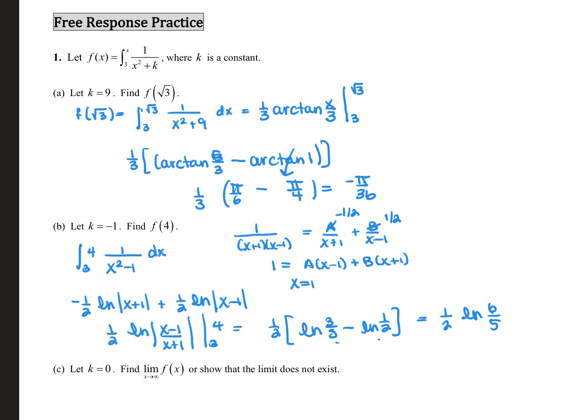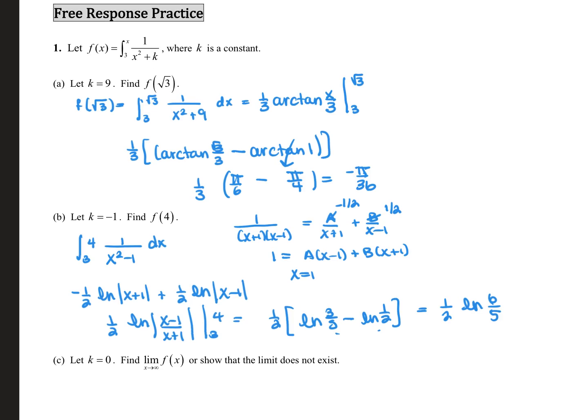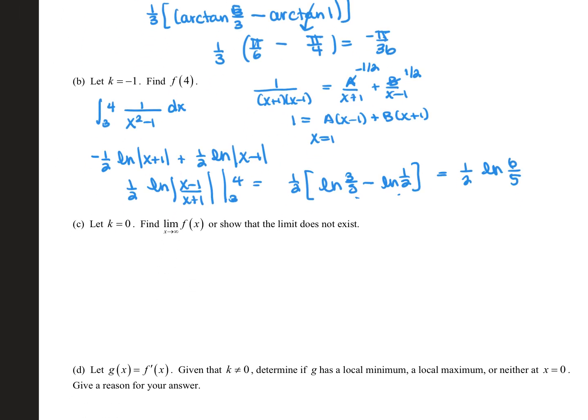And the last one, we have k equal to 0, and we want to find the limit as x goes to 0 of f of x. Okay, so going down to there, we'd have the limit as x goes to 0, and then we're going to have the integral from 3 to infinity of 1 over x squared, so x to the -2.